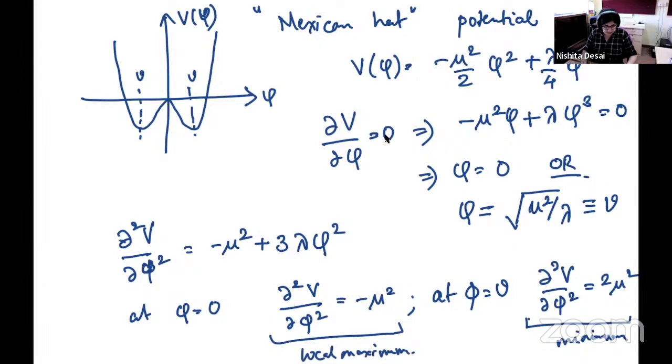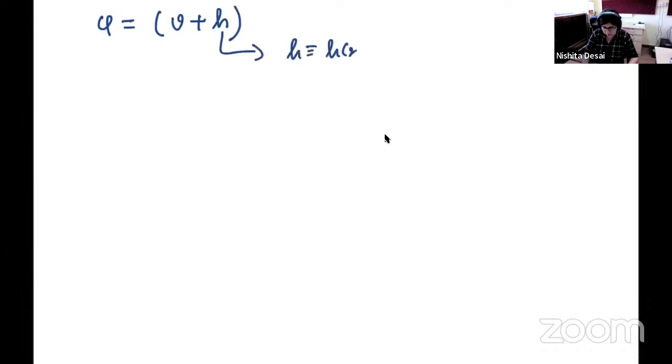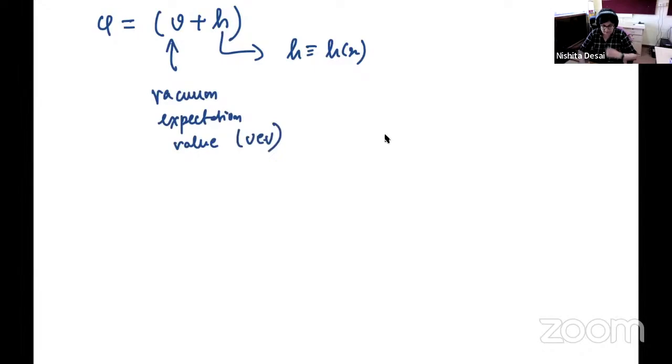Okay, so now that you figured out what the minimum is, you can essentially write your phi as v plus h, where now h is the part that's dependent on x and v is just a constant number, which is called the vacuum expectation value, or VEV.